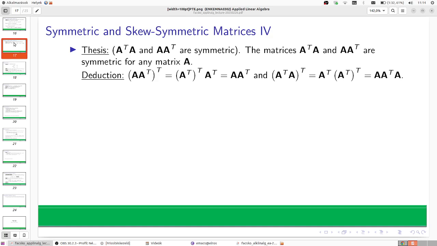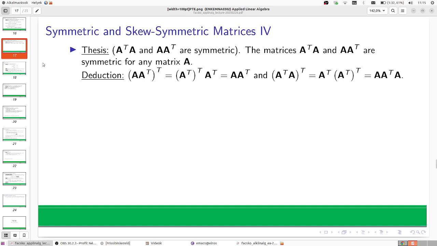If you have these products, I mean the product of the transpose of any matrix and the matrix, or the matrix and its transpose, so the product from left and right, then these are symmetric. Let's start from here.